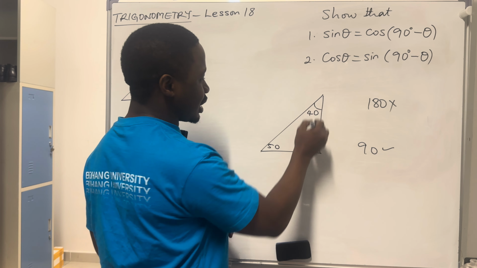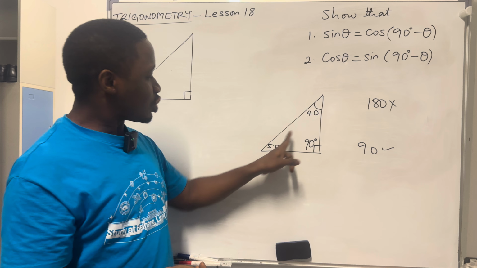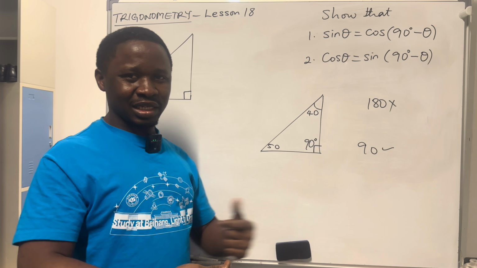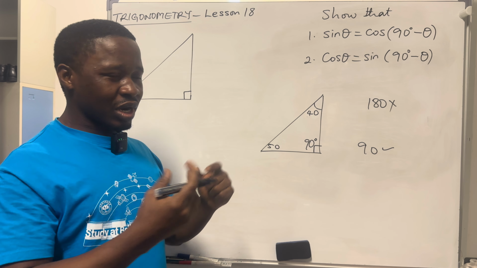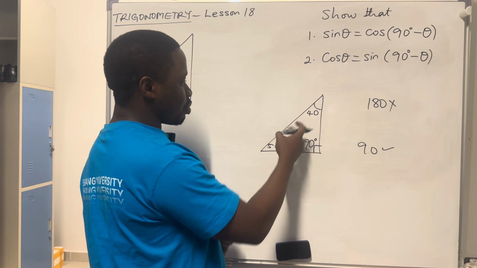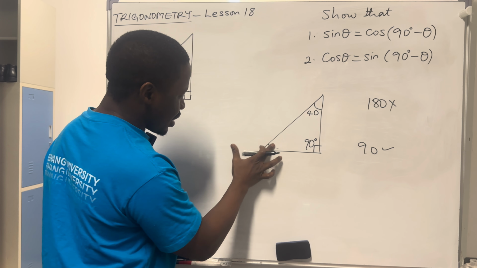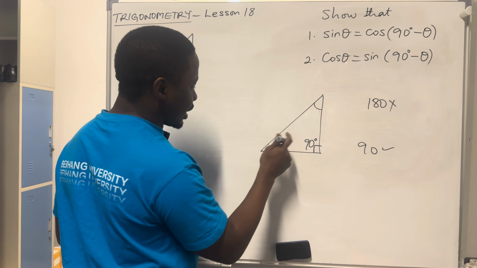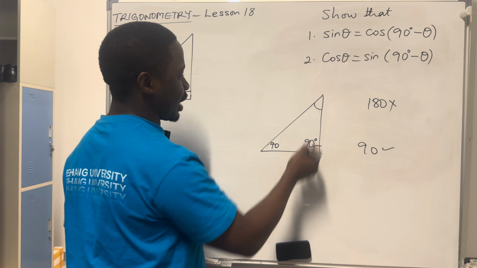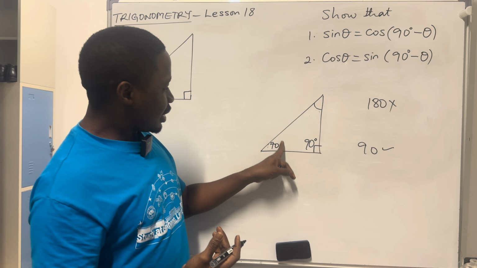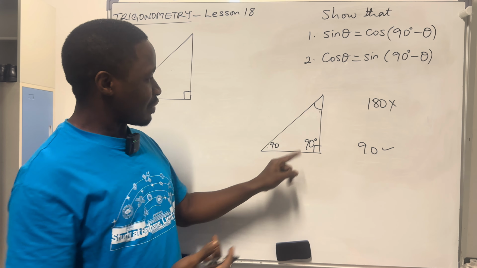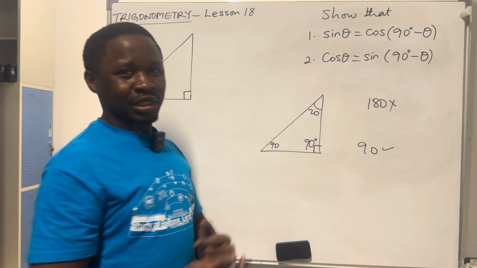Definitely here is 40 degrees, because these two angles are supposed to be 90 degrees, and 1, 2, 3 gives us 180 degrees. What if here is 70 degrees? These two are supposed to be 90, so here is 20.